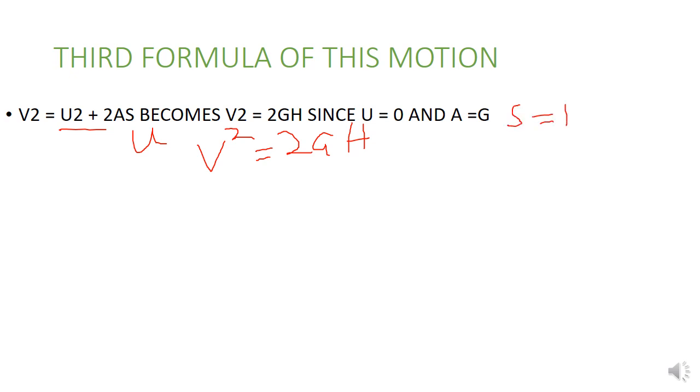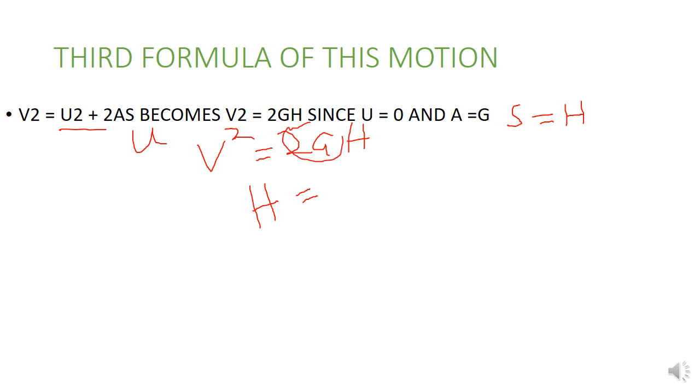The displacement covered by the motion is the initial height of the object when it was up there. So that means if you have the height of the object, you can get the final velocity of the body when it hits the ground.